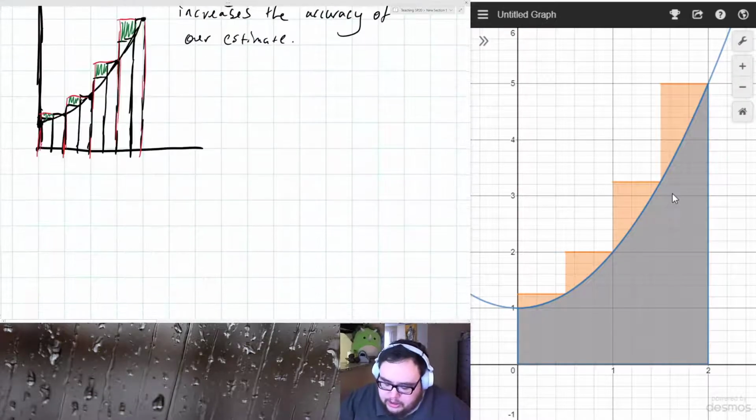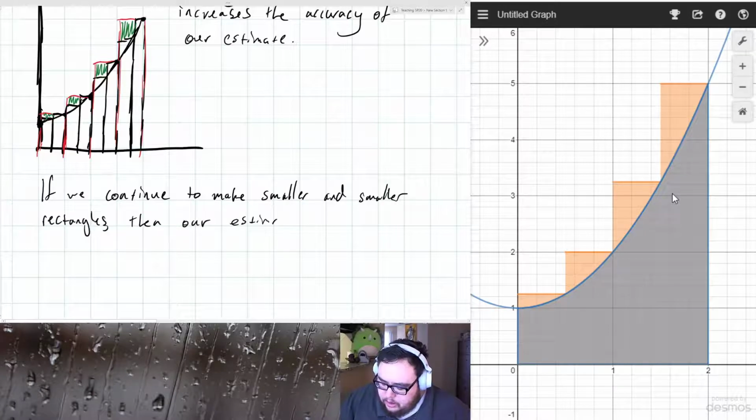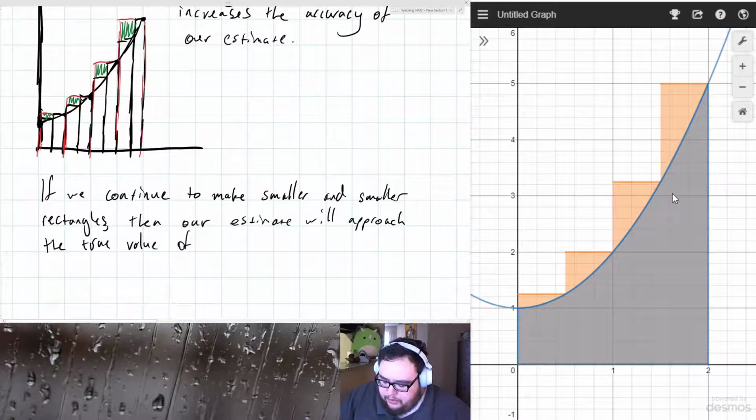So essentially what I'm saying is, if we continue to make smaller and smaller rectangles, then our estimate will approach the true value of the area beneath the curve.